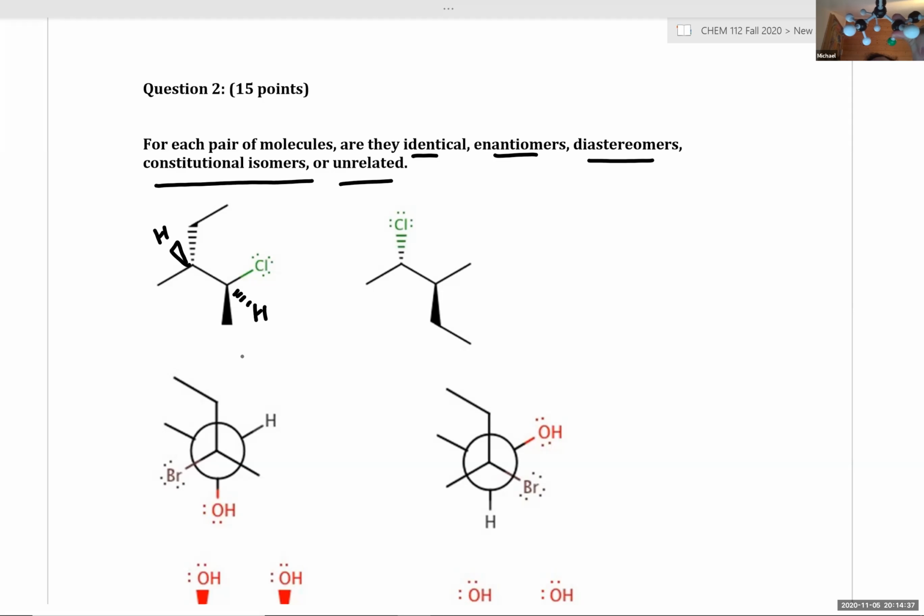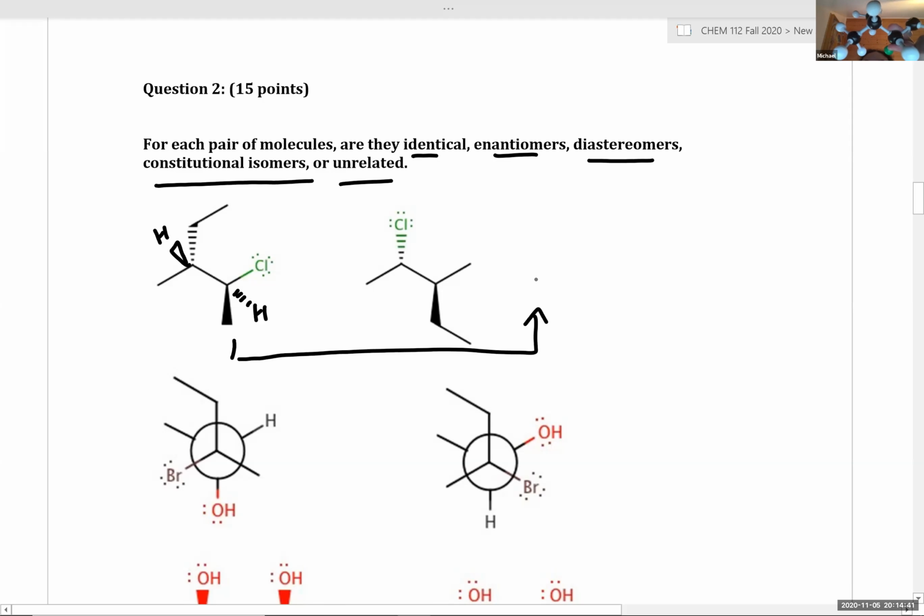I'm going to take this structure and, drawing what I see after rotation, I have my same skeleton. Now, where is our ethyl group? Is it pointing towards us or away from us? Towards you. So which one's closer to you, the hydrogen or the ethyl group?